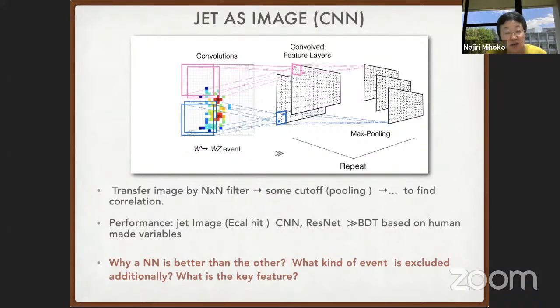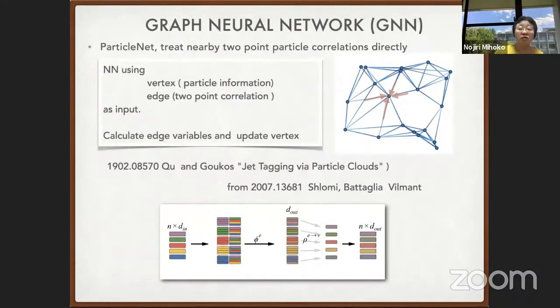The performance of this kind of very general image-based architecture sometimes has very nice classification performance compared to the BDT using human-made variables. So the questions are why the neural net is better than the others, and what kind of events are excluded additionally.